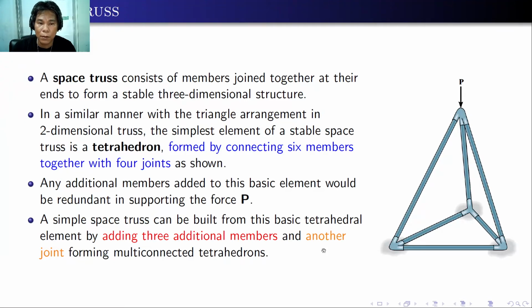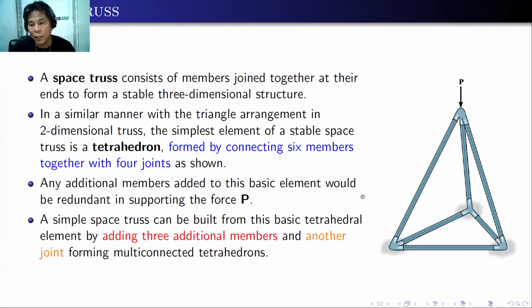A space truss consists of members joined together at their ends to form a stable three-dimensional structure. Actually, it has similarity with the 2D truss, because in a 2D truss, it's a triangle with three members and three joints. And in order for it to be a simple truss, we just add every two members with one joint.